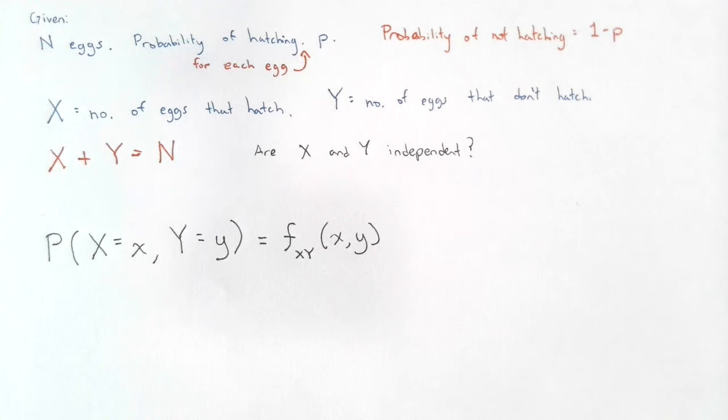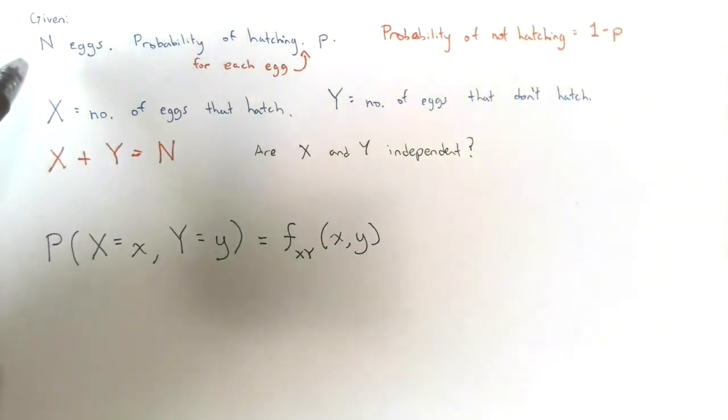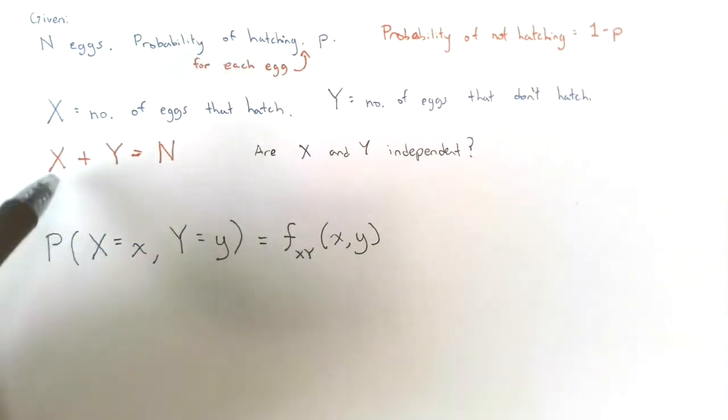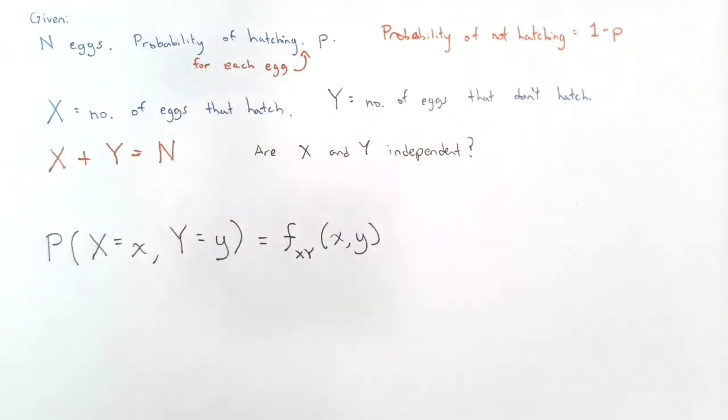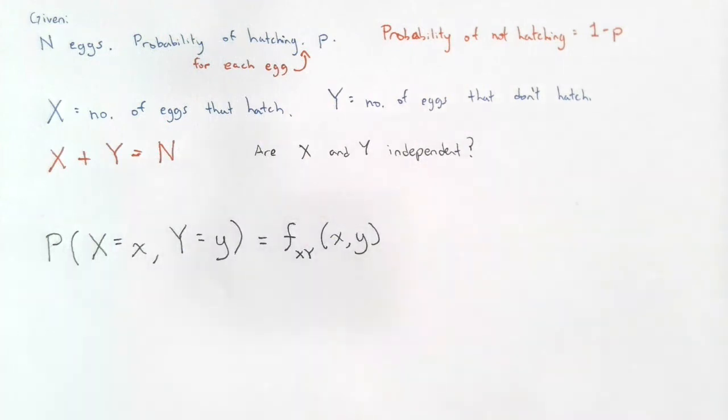My example here is that I can find the probability of x and y maybe by fixing the number of eggs, because right now n is a random number. We could have any number of eggs n. But if n was a fixed number, we could figure out at least a relationship between x and y. If we fix n to some value that's already fixed, then we should be able to find some additional values for probability.